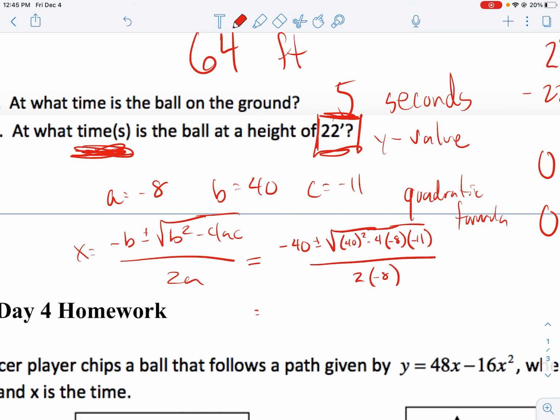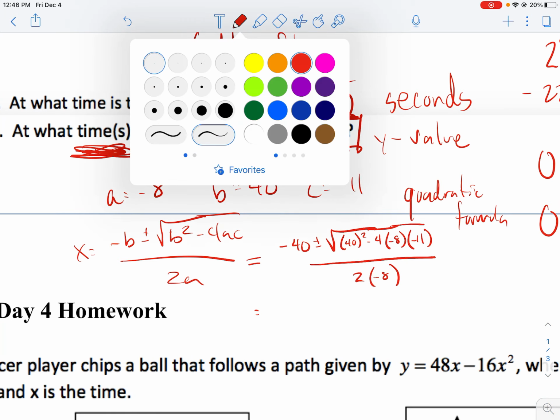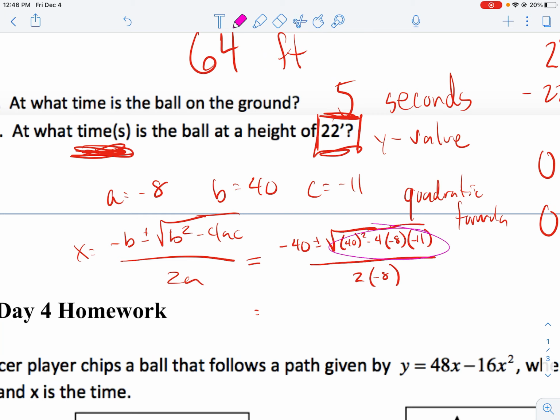Okay? And so first thing you want to do is solve underneath the radical, figure out what all that mess is equal to. So I go 40 squared minus 4 times negative 8 times negative 11. And I get negative 40 plus or minus square root of 1248 all over negative 16.